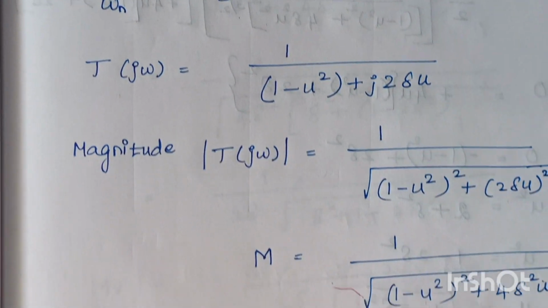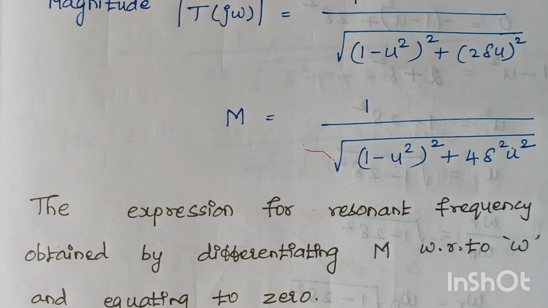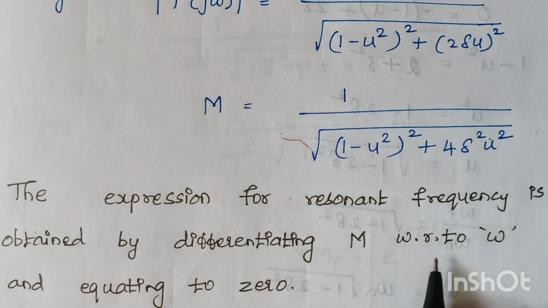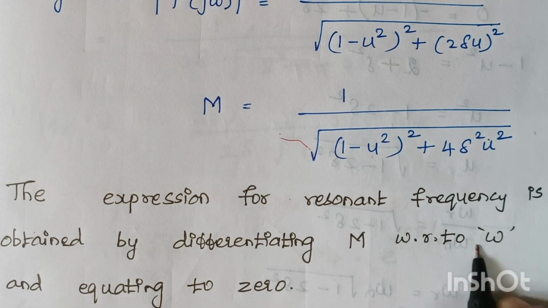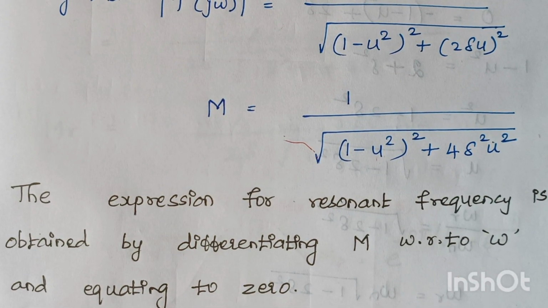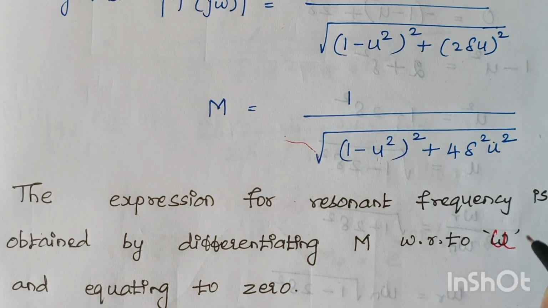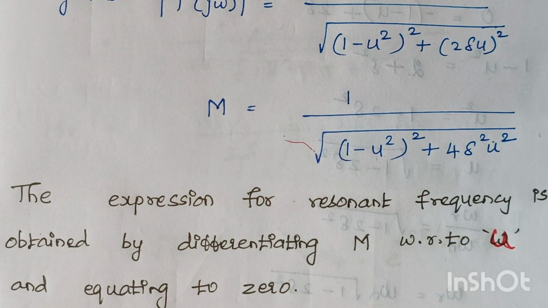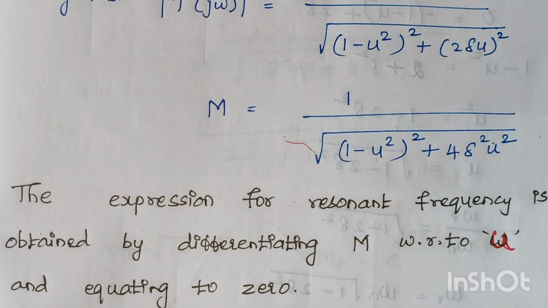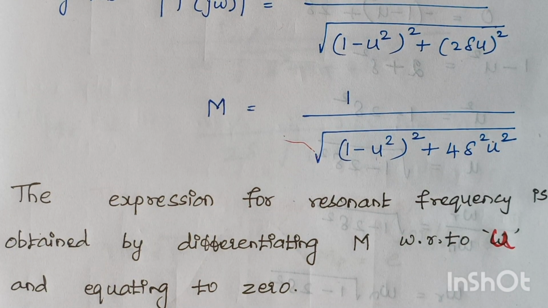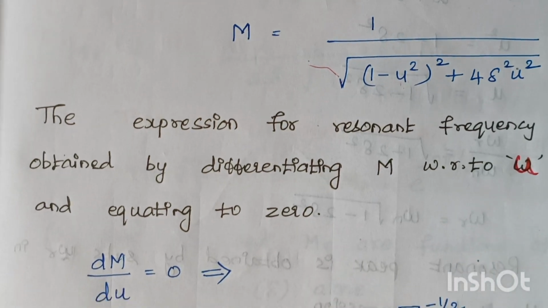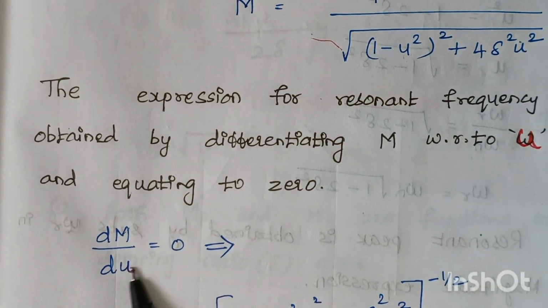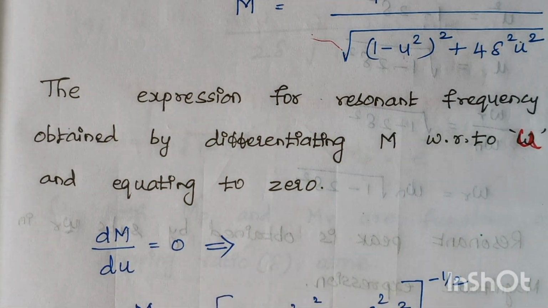I had written that we differentiate with respect to omega, which is frequency, but mathematically let it be u, then it will be easy for you. Both are the same, and we equate the derivative to 0. Why differentiate and equate to 0? Because we have to find the resonant frequency.